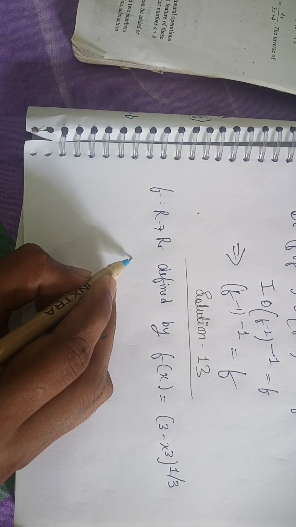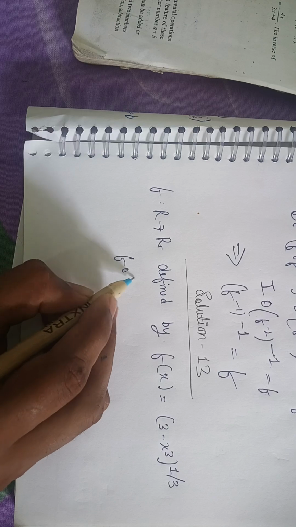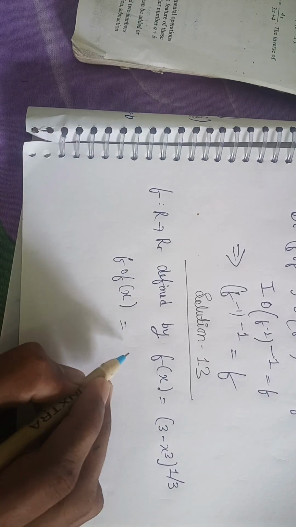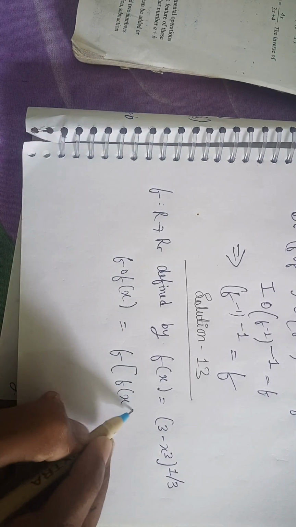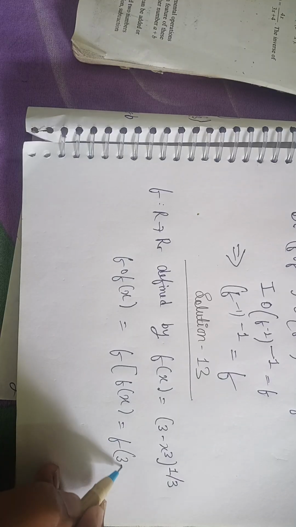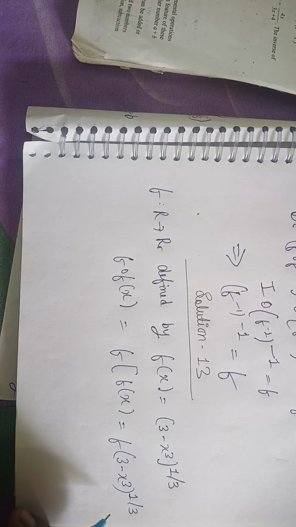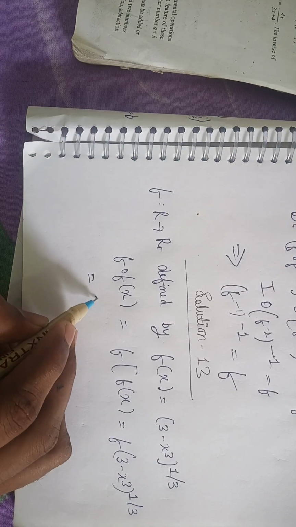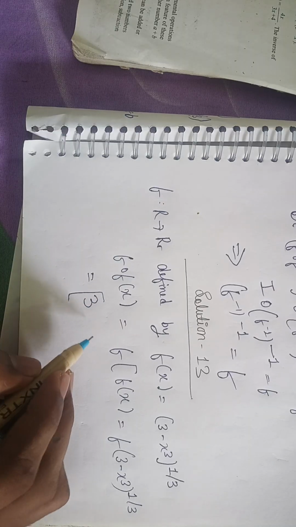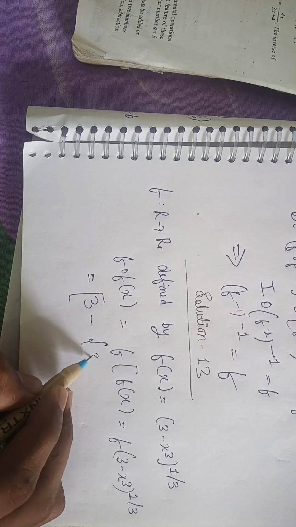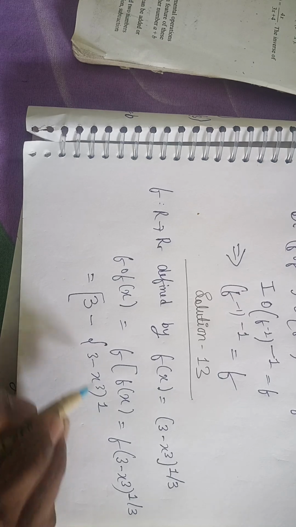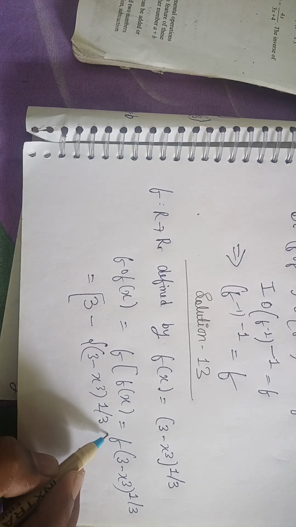First of all, we are going to find f of f(x), which is f of (3 - x cube) whole power 1 upon 3.